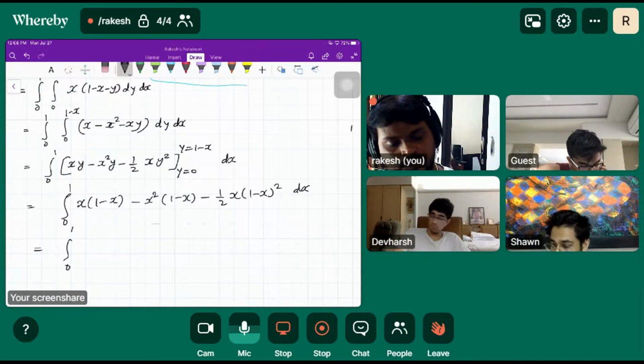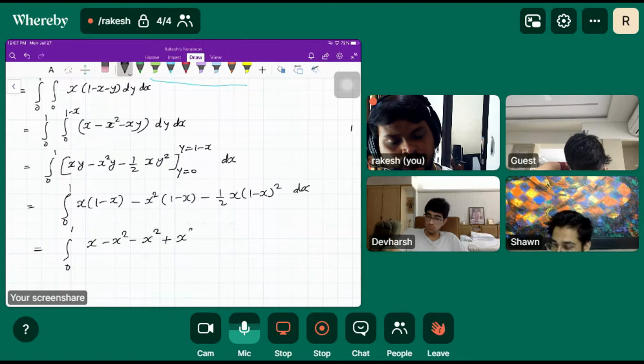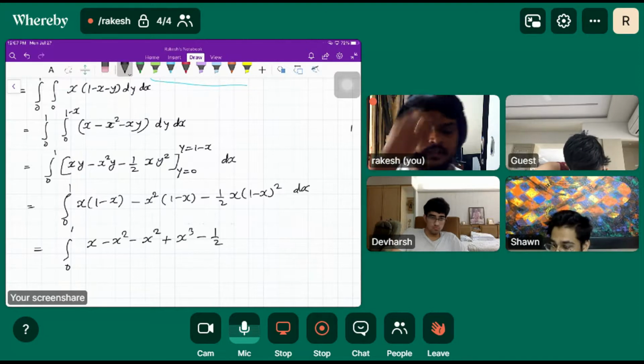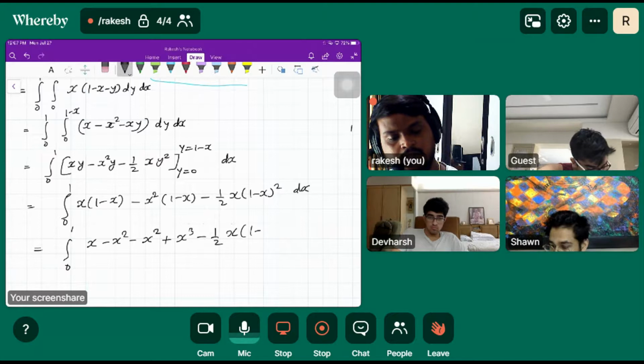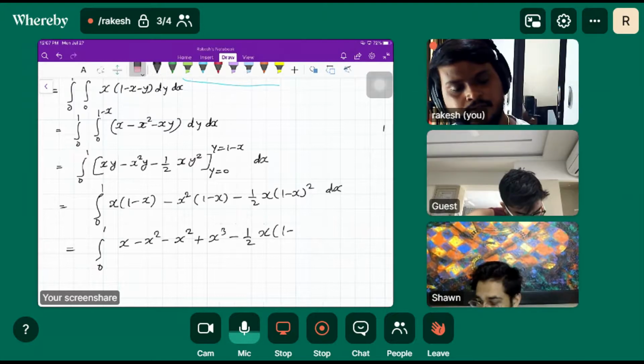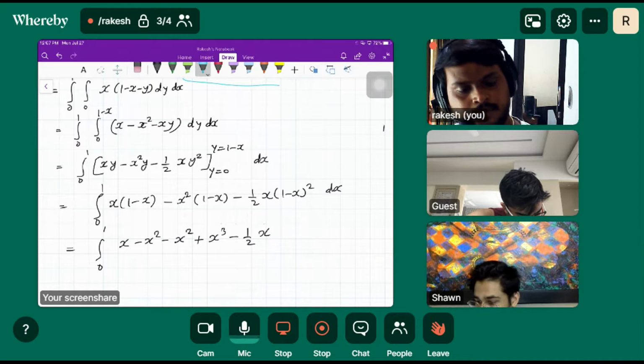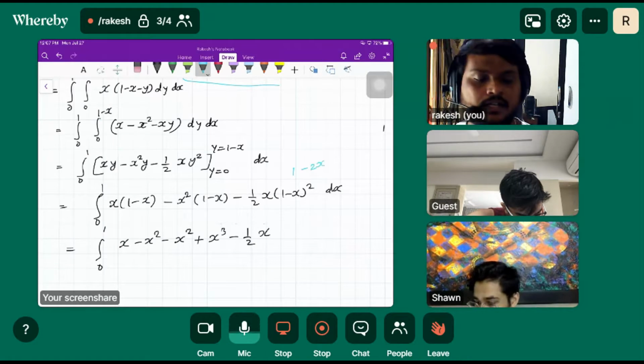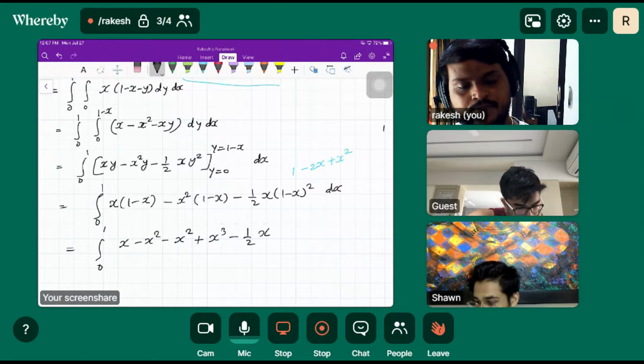So from 0 to 1, x minus x square plus x cube minus half x times 1 minus... Okay, so 1 minus 2x plus x square.